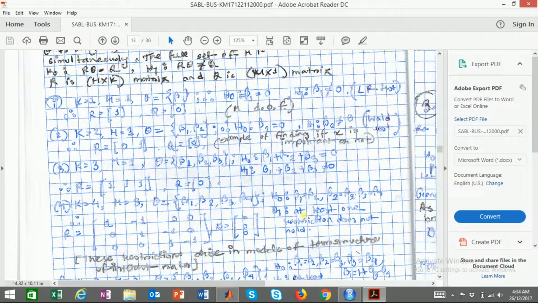Now case 1, where k equals 1, m equals 1, or a single parameter. The number of parameters to estimate is just 1, where the parameter is beta. Null is beta equals 0, alternative is beta not equals 0, which is the LR test, likelihood ratio test. So the degrees of freedom are represented by m, where we impose restrictions on R, because the parameter that we are estimating will assume 1.